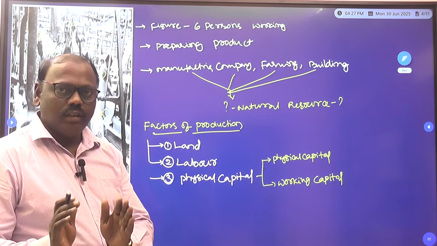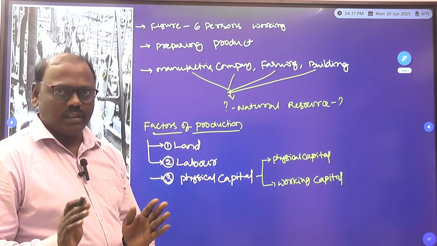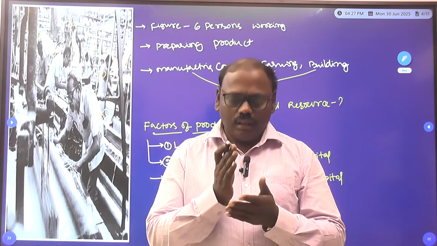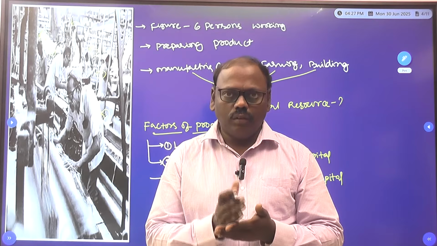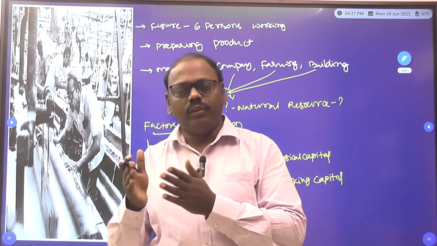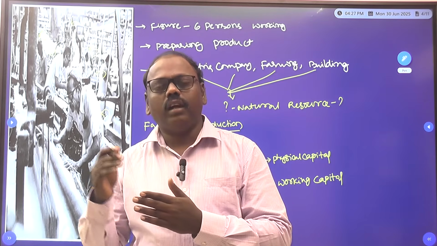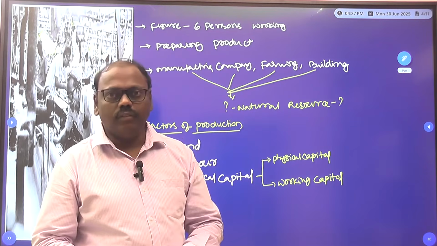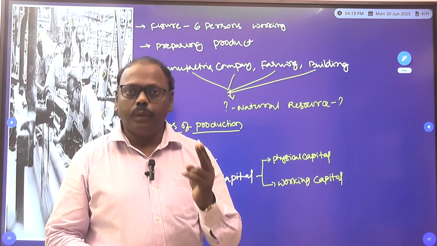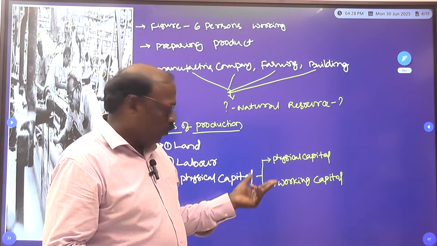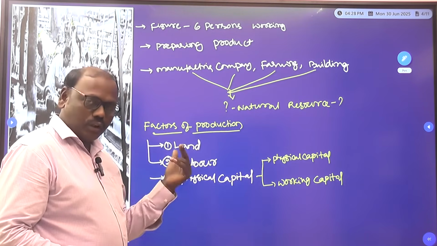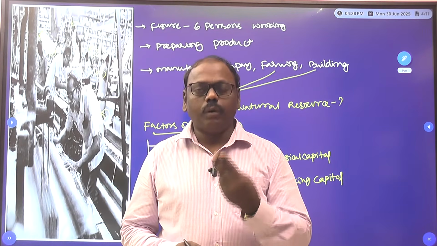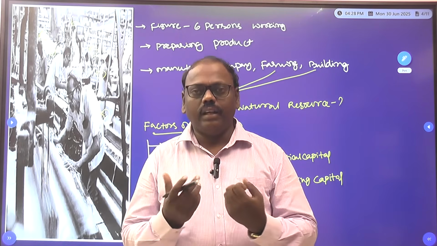If you know the basics, the next concepts you can easily understand, because in the NCERT economy books, in the entire syllabus, the first chapter is interlinked with another chapter, the second chapter with another. For example, the first chapter is the village of Palampur. The second one is people as resource, where we also discuss this topic. The third is poverty as a challenge, how we are facing poverty in entire India.